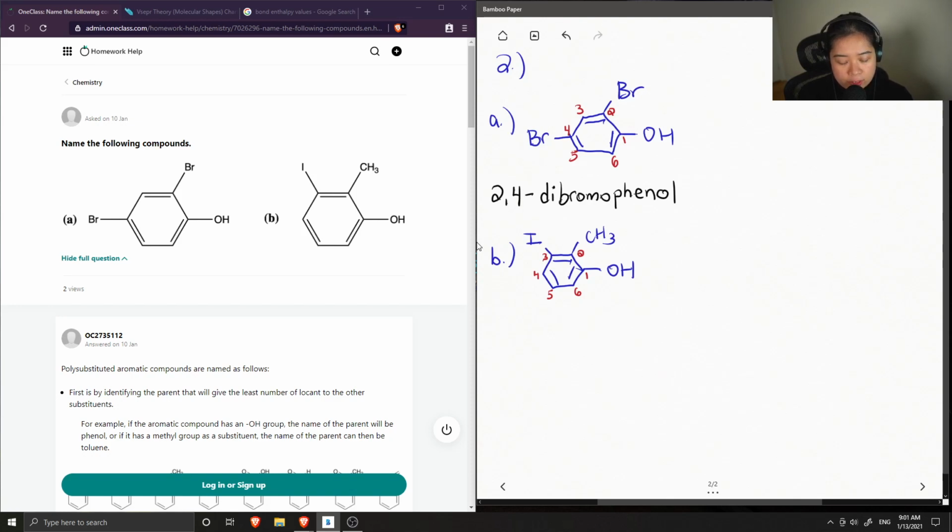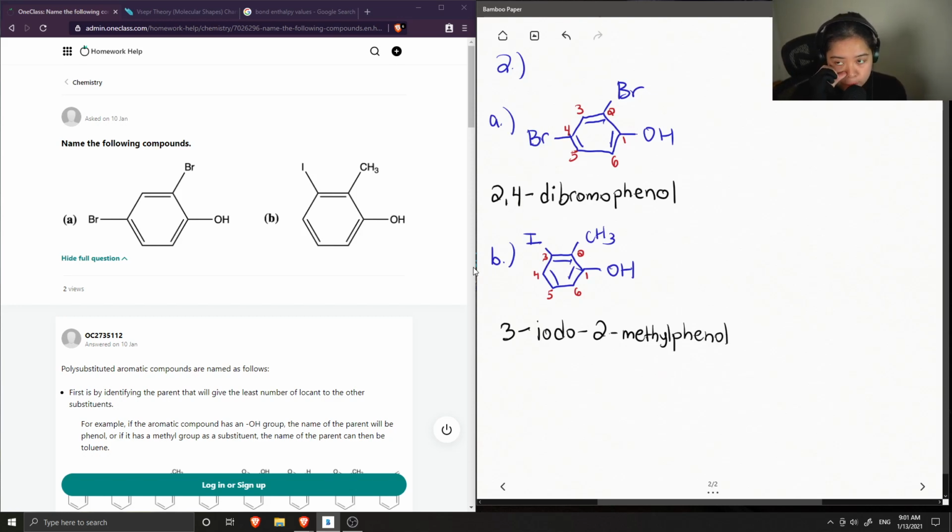So if we were to do it in alphabetical order, the iodine group would be named first. So on carbon 3, we have our iodine group, so 3-iodo. And then on carbon 2, we have our methyl group. And then again, our parent is called phenol.